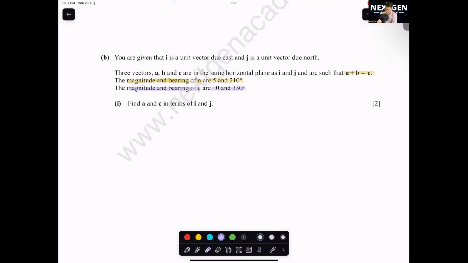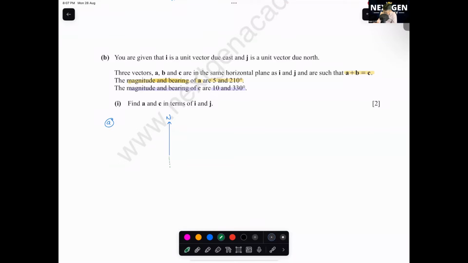All right, how do we do this? Okay, number one, you all need to draw it out first. So I'm going to do for a. We have here north. For a, the bearing is 210 degrees, and then the magnitude is 5. So what you need to do, you draw out 210 degrees.